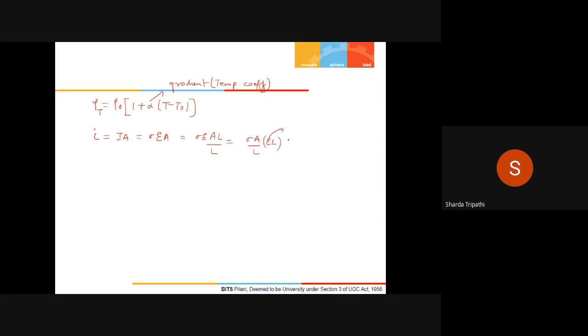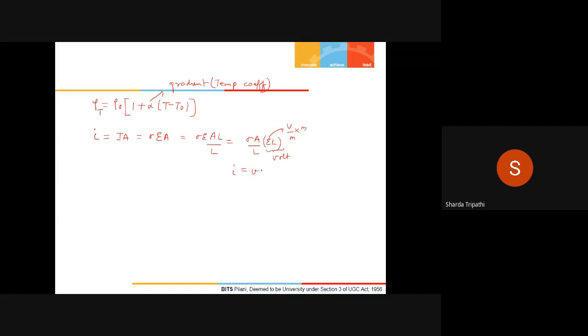So this E was electric field, which was in terms of volt per meter, and this L is the length of the conducting material. So this is in terms of meters. So this E into L product is actually the volt that you are applying across this conductor. So what I want to derive from here is a very trivial formula that you actually told me in the first class.